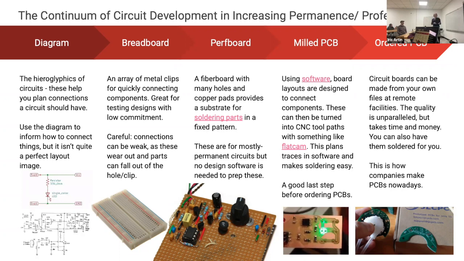Then the next step up is something called a protoboard or a fiber board. It looks like a flat thing with a bunch of holes in it. And the advantage that it has is that now, instead of plugging things in and being able to unplug them, your parts get soldered into the protoboard.